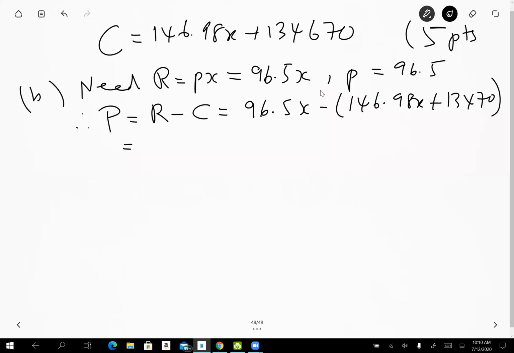And that is equal to, you have to break out the bracket. So you got 96.5X minus 146.98X, which is equal to negative 50.48X. Then you have a plus sign inside the bracket and a minus outside, so that becomes minus 134,670, equal to 0 for break even.